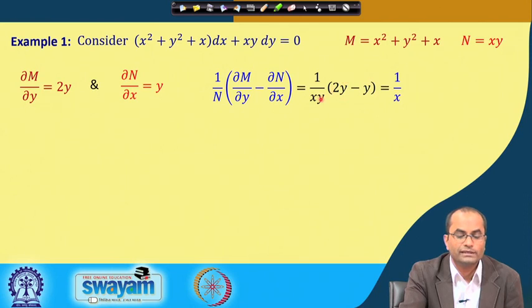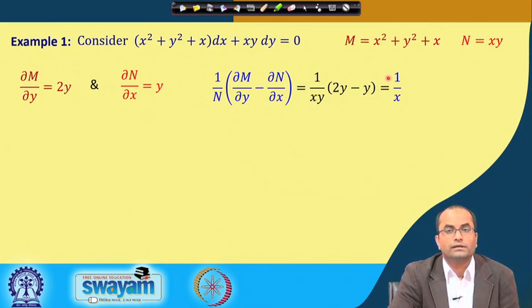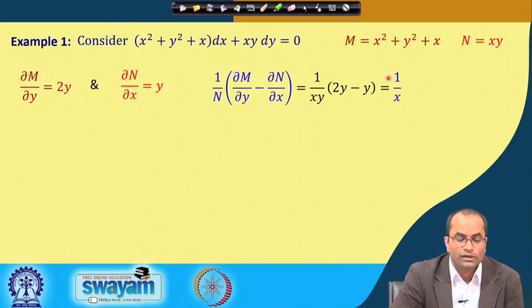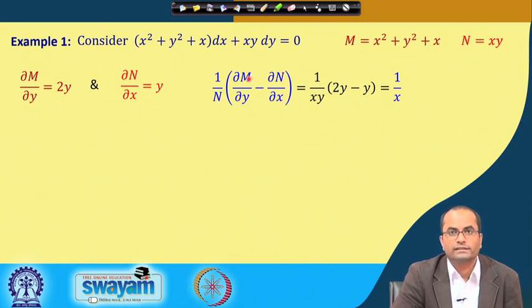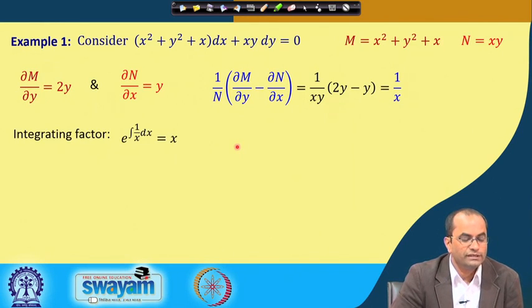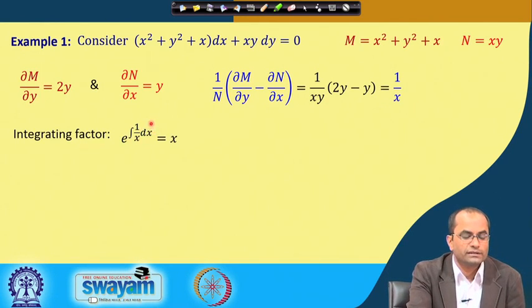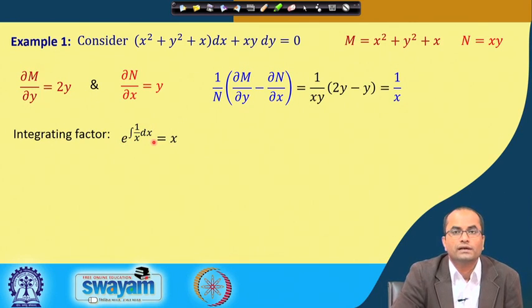So, this is y here, and this y gets cancelled, and we have 1 over x. So, this here is a function of x alone, that is 1 over x, and that was one of the conditions we have just studied: if this is a function of x alone, we can easily integrate it. So, the integrating factor is e to the power integral of 1 over x dx, which is e to the power ln x, and that will give us x only.